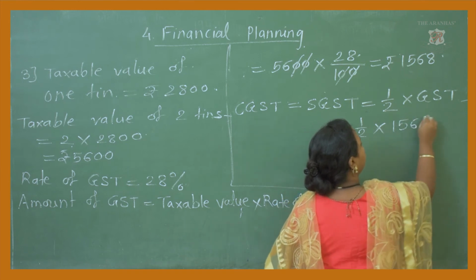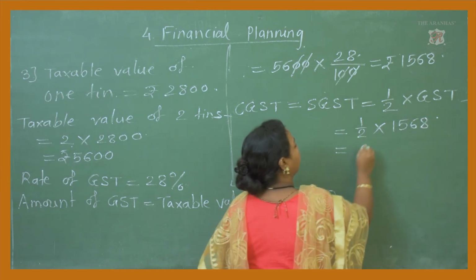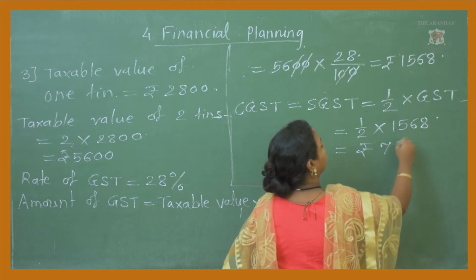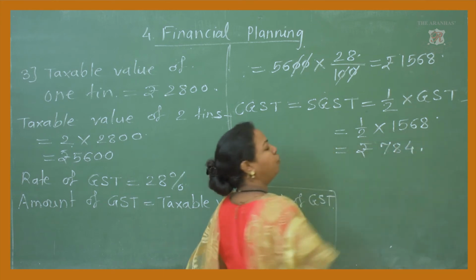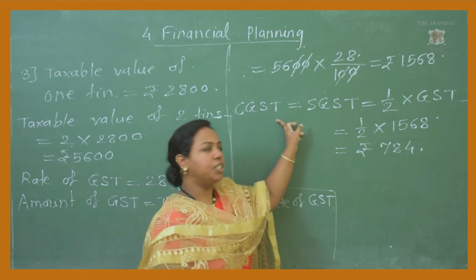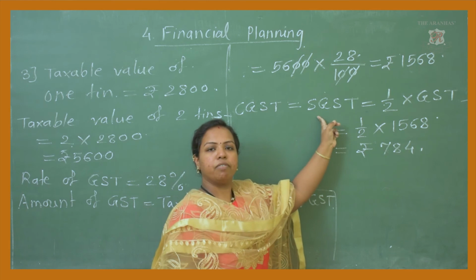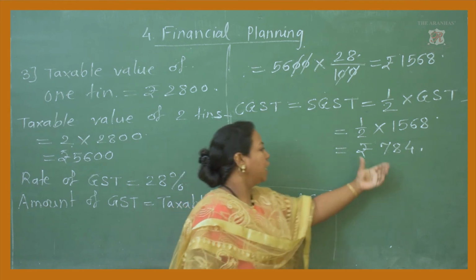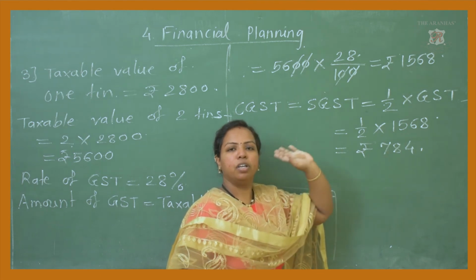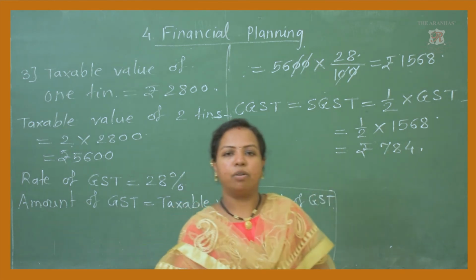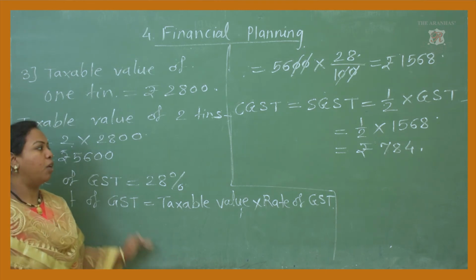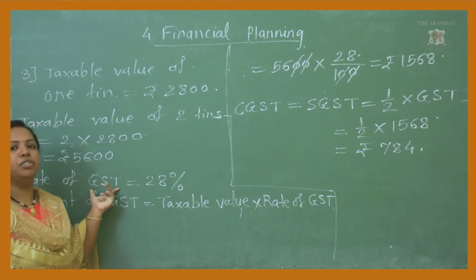So 1,568, half of that is 784. So at the end, amount of CGST, which is equal to amount of SGST, is rupees 784. This is how we calculate CGST value and SGST value whenever you have the GST.